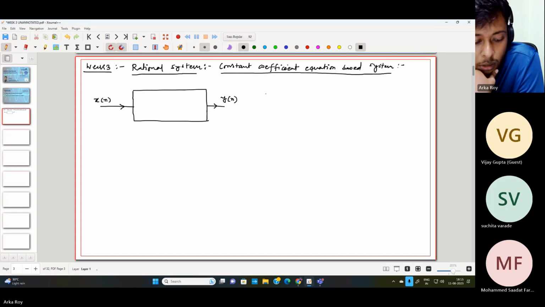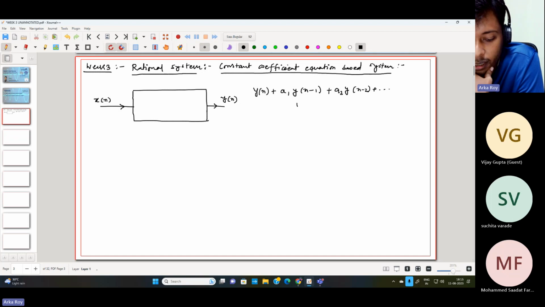Now let us consider this particular system is governed by some form of difference equation, and the difference equation is basically given as y[n] + a1 y[n-1] + a2 y[n-2]. Likewise, let us consider ap y[n-p].